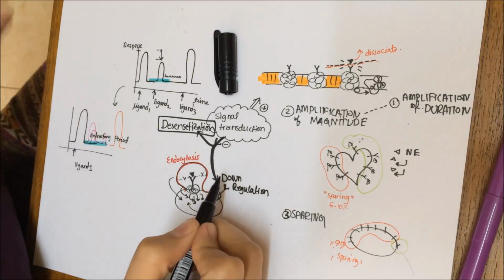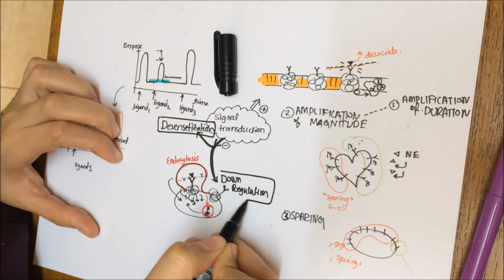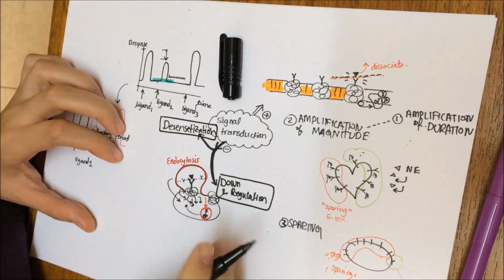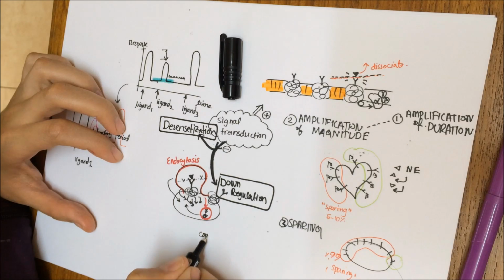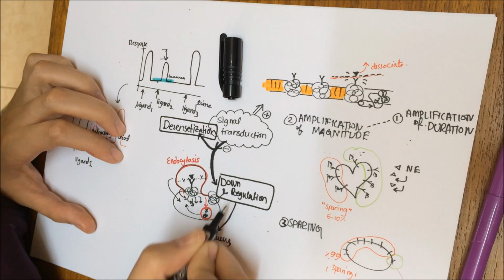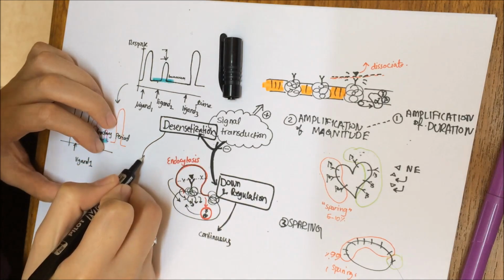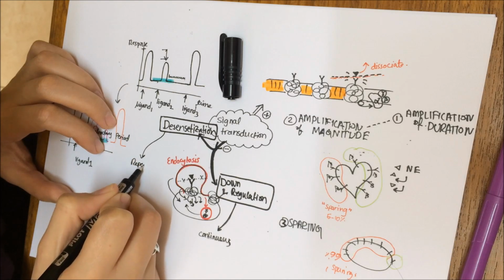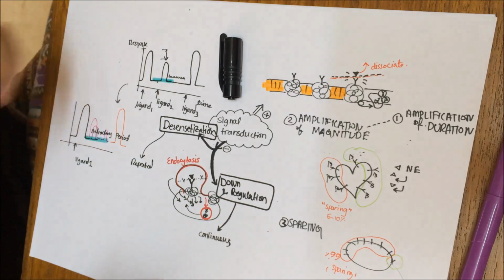Again, to repeat it, down regulation is when we have continuous activation, in comparison with desensitization, which is when we have repeated activation.